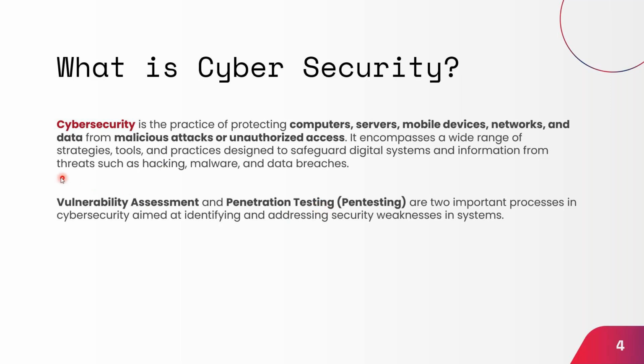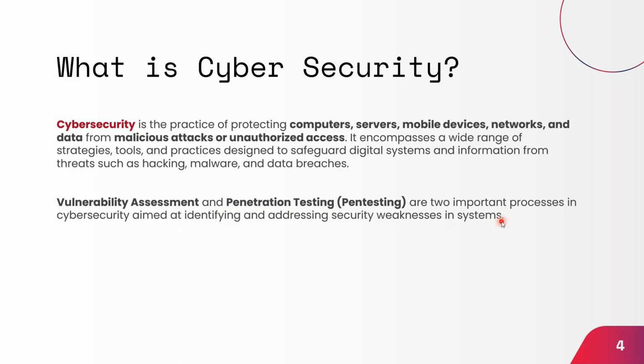our course's main focus is identifying the weaknesses and taking advantage of those weaknesses to identify the real-time impact. So these are the two important processes in cybersecurity, which is VAPT, aimed to identify and address the security weaknesses in the system. Got it.